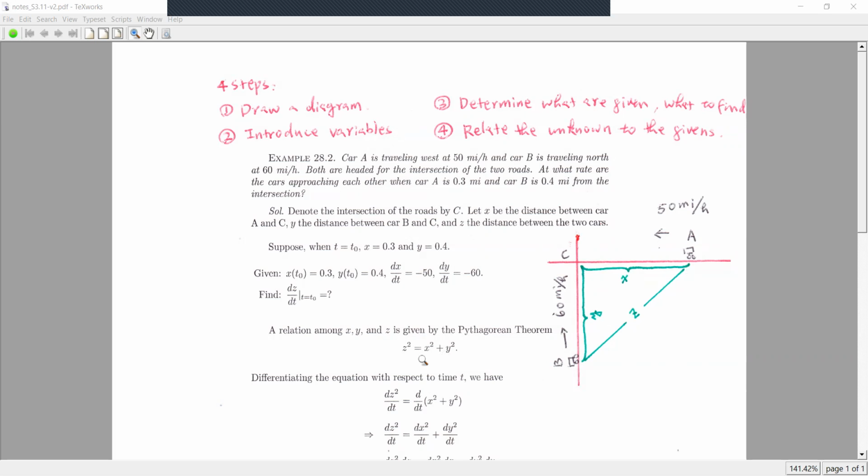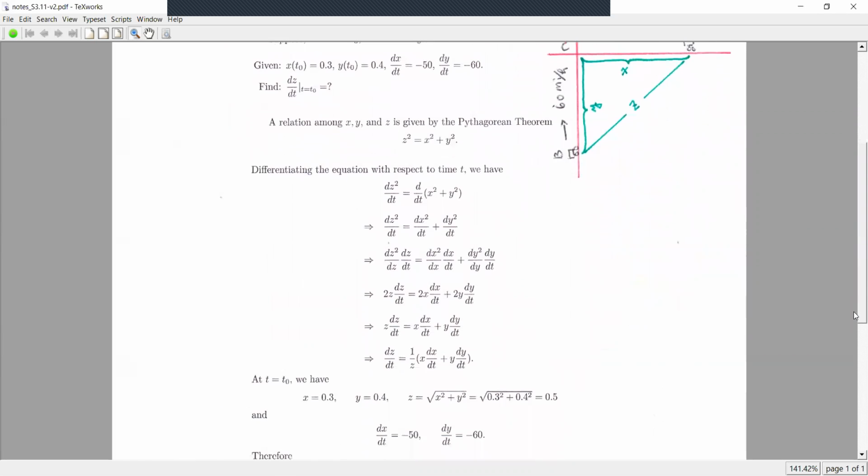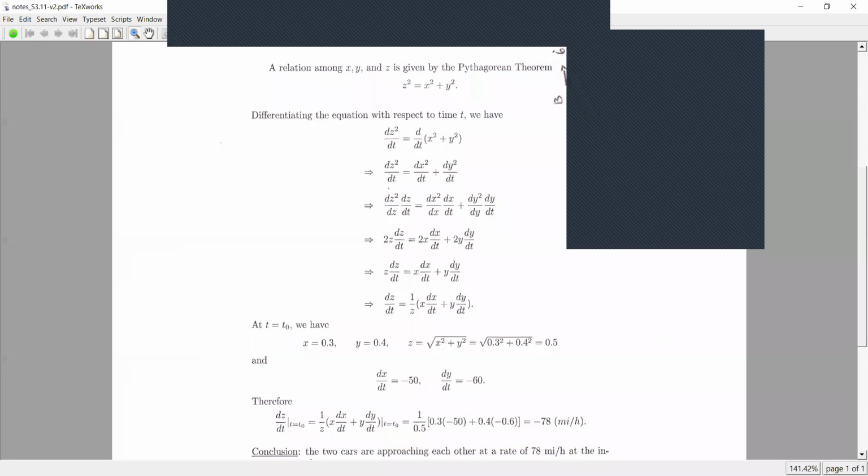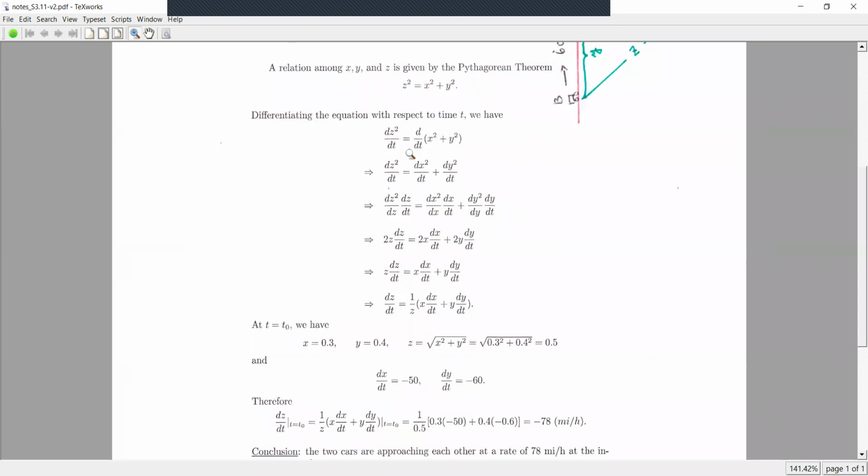That is this equation. Now, take the derivative with respect to the time t on this equation. Then I have this equation. Apply the summation rule to this derivative. Then I have this equation.